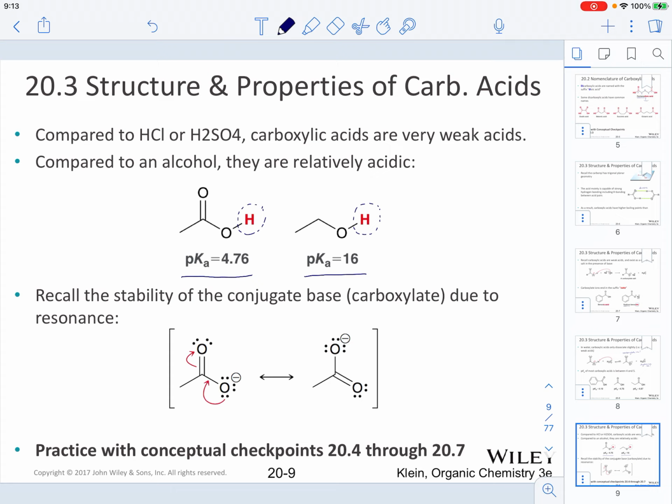It is resonance stabilization. Once that proton leaves the carboxylic acid, the electrons that are now in that negative oxygen can resonate and be shared between the two carbon-oxygen bonds. So this creates a molecule that is now resonance stabilized.